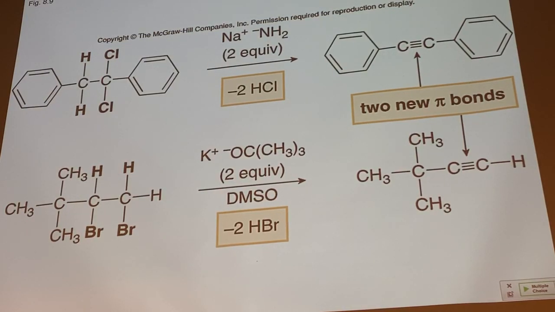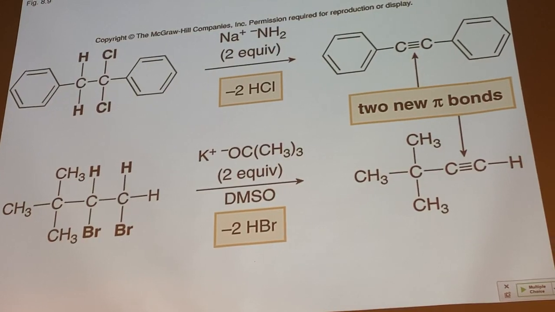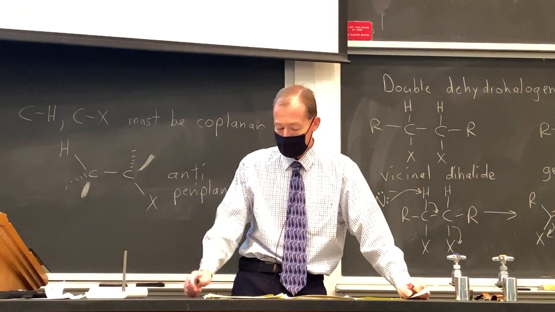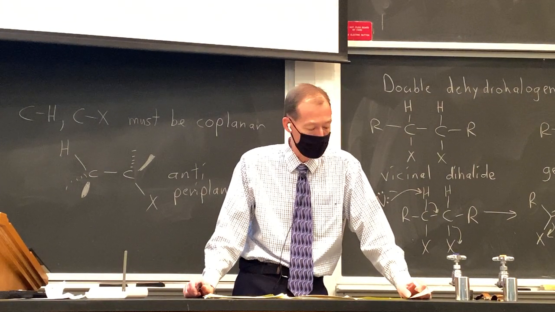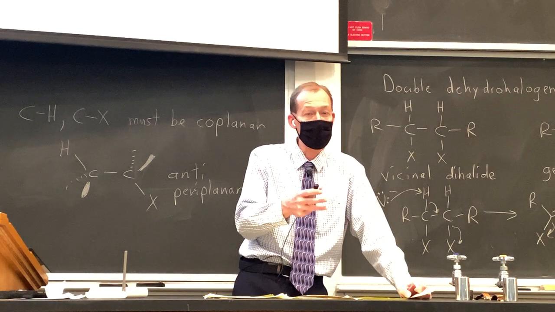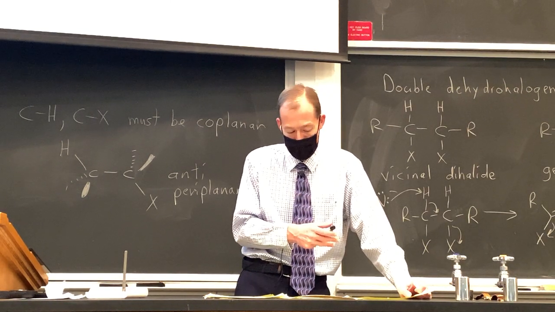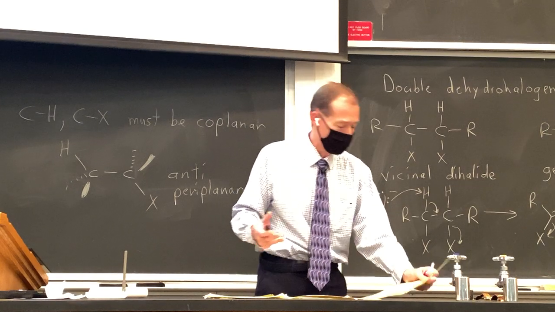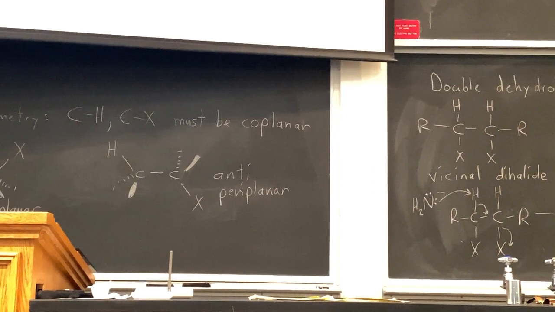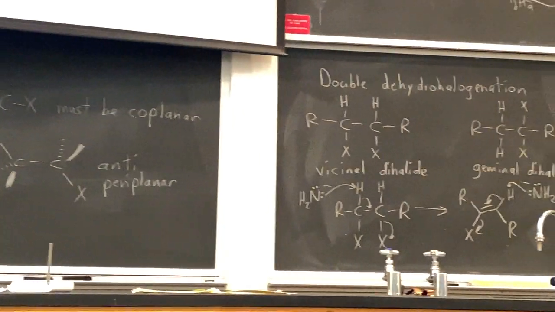All right, so now what we need to do is talk about how we can predict which reaction will occur. So when we have a choice between substitution and elimination, how do we know which reaction will take place?